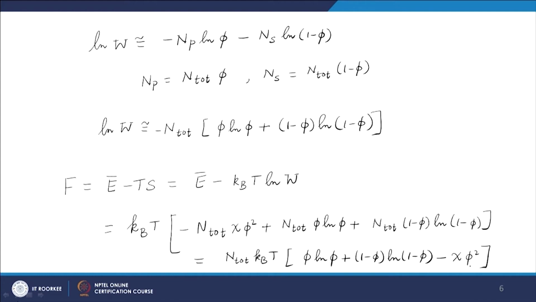Okay. So now we have the expression for F, and I have to divide this by volume to get the Helmholtz density. So F by V is simply F by N tot multiplied by Vc, where Vc is my cell volume, that is taken as equal to the volume of solute and solvent molecules.